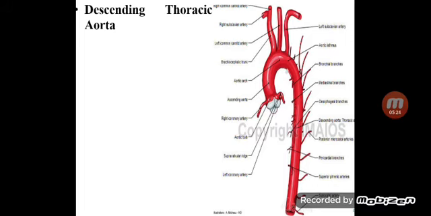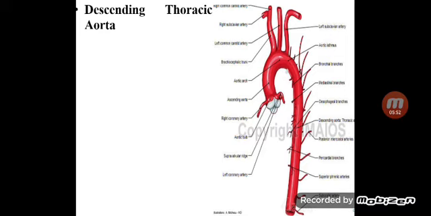It descends downward in the posterior mediastinum, right? It inclines forward and medially to reach the anterior surface of the vertebral column.